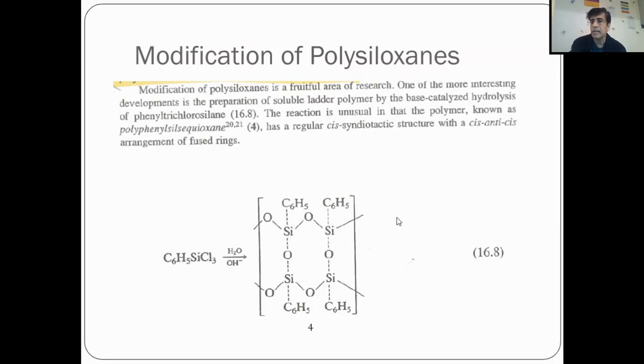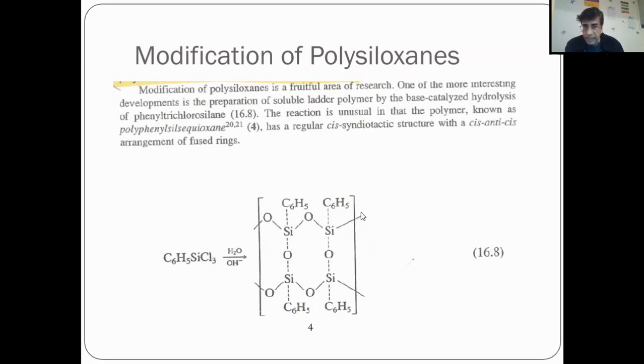That is why it becomes syndiotactic. And because of the down position, if you look at this benzene ring compared to the other benzene ring which is in the down position, this will be anti-cis or trans. That is why it is called a cis syndiotactic structure with cis anti-cis arrangement.